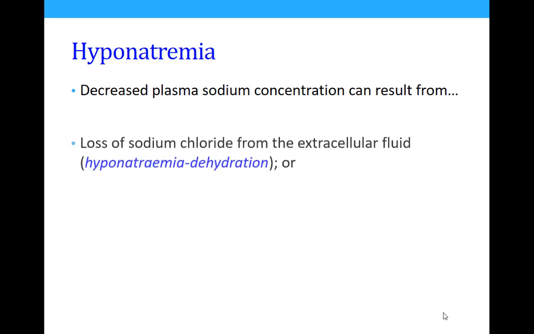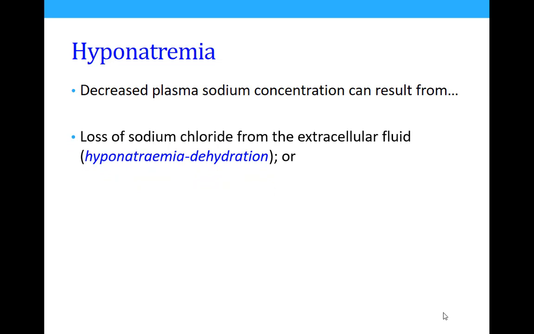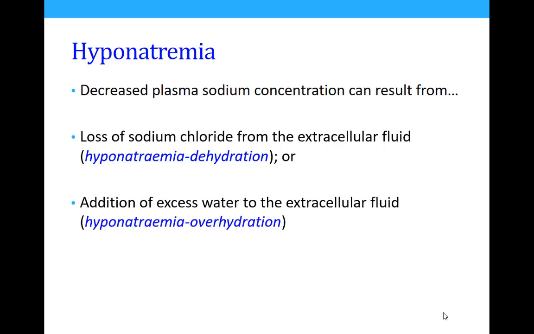So you can either lose sodium chloride, so you will have hyponatremia, okay, and there will be dehydration. Why will there be dehydration? Because sodium will take some water with it. Remember, wherever sodium goes, it takes water with it. So if you are removing sodium from plasma, from blood, it will take some water with it. So you will have hyponatremia and dehydration together.